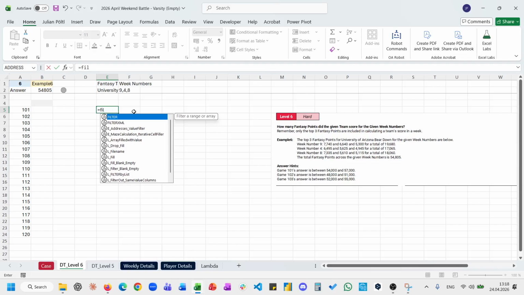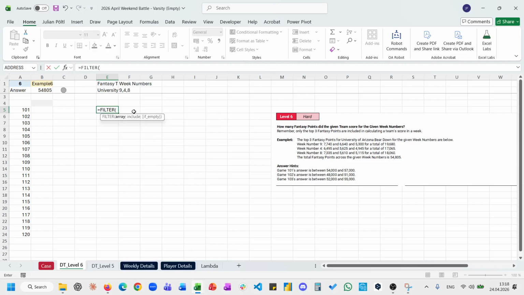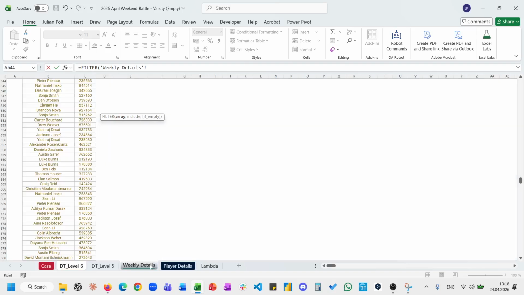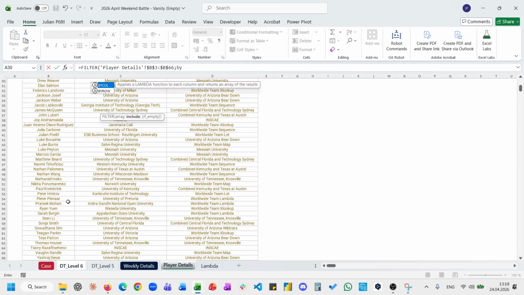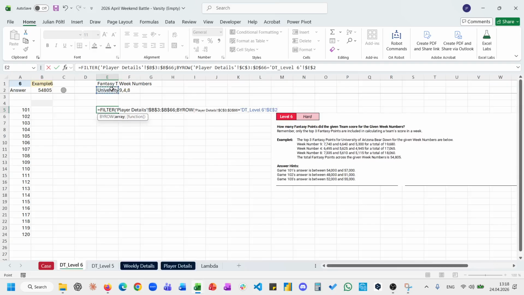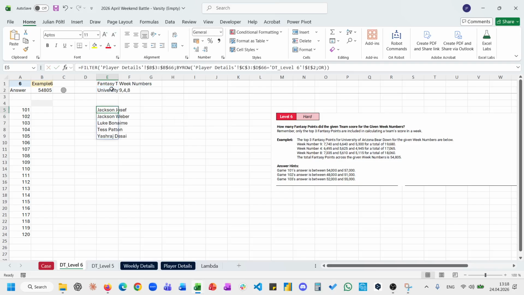FILTER for the names if BYROW equals fantasy team and OR because it is either this or that.